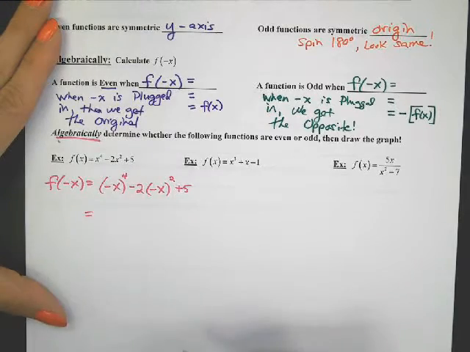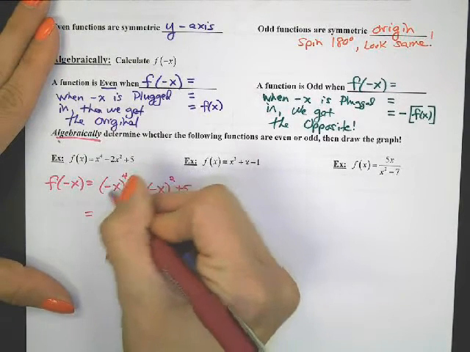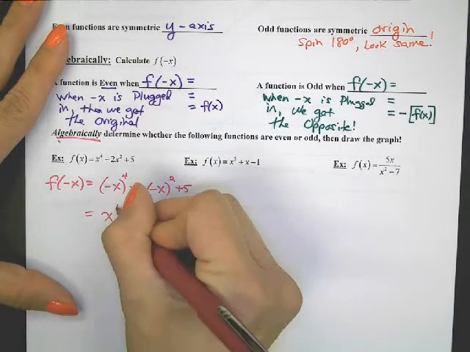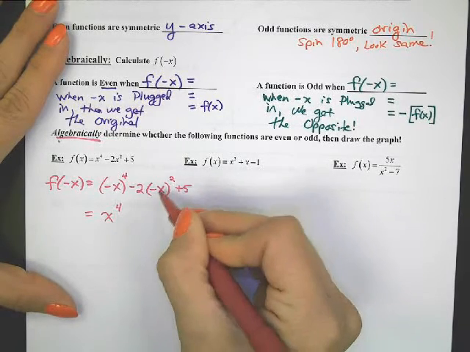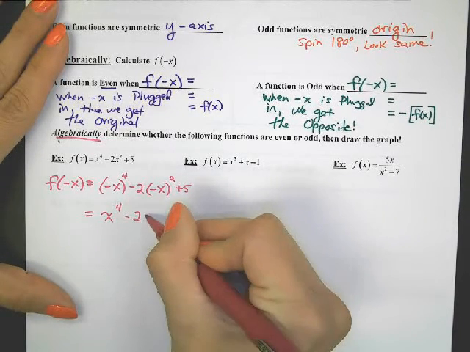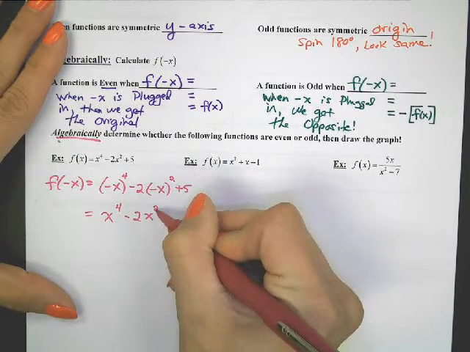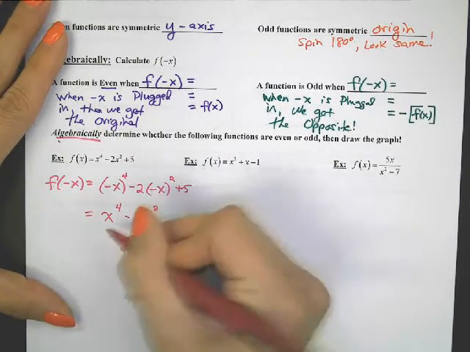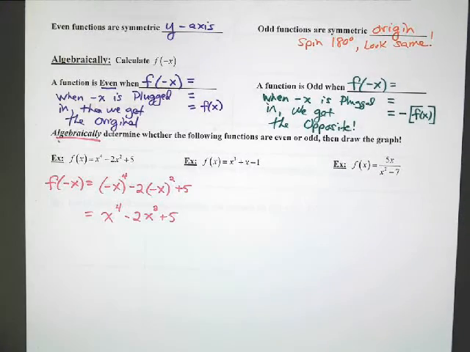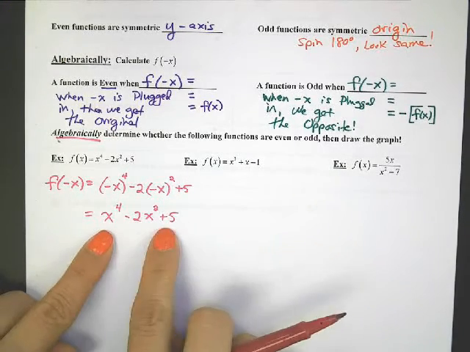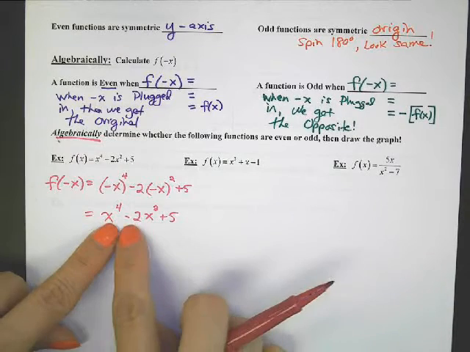Now we're going to continue to do some work. A negative raised to an even power becomes a positive. This becomes positive, so we still have minus 2. Now don't forget, x squared is x squared. Negative times negative becomes positive. Now let's examine what we got. Is this the same as the original?